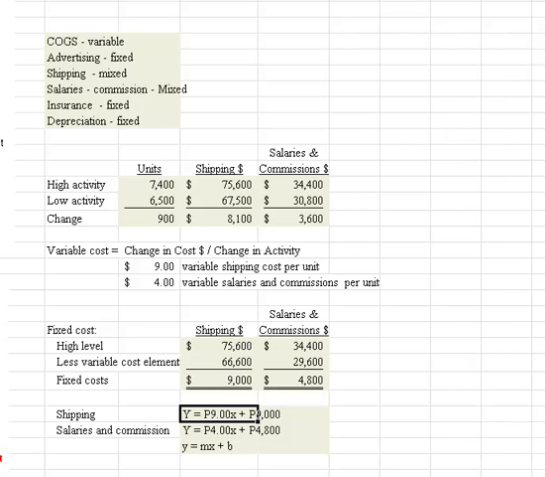So y is equal to 9, I think it's pesos, but I'm going to call it dollars, 9 times the number of units we sell plus fixed cost of $9,000 Chilean dollars, and the sales and commissions were equal to 4 Chilean dollars times the number of units plus a fixed cost of 4,800 Chilean dollars.